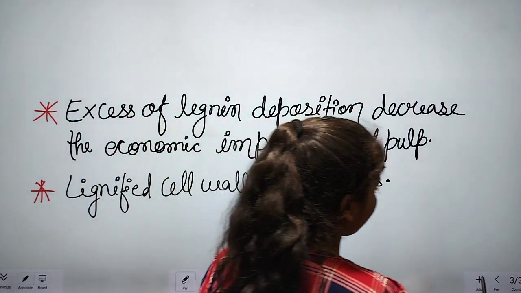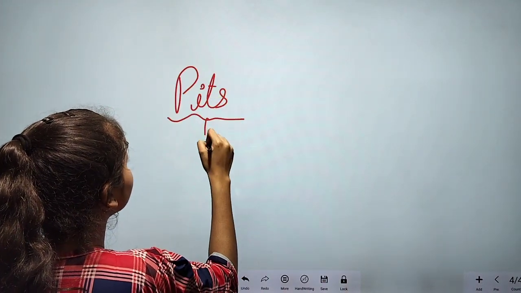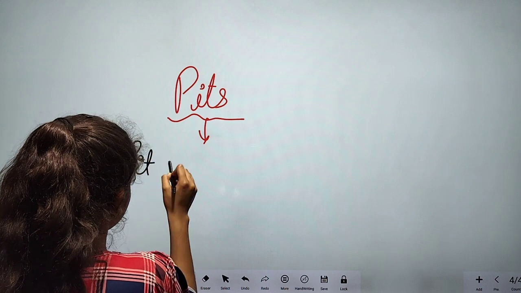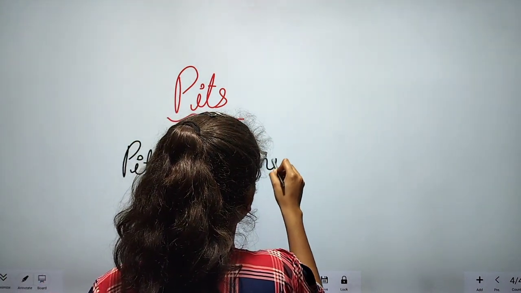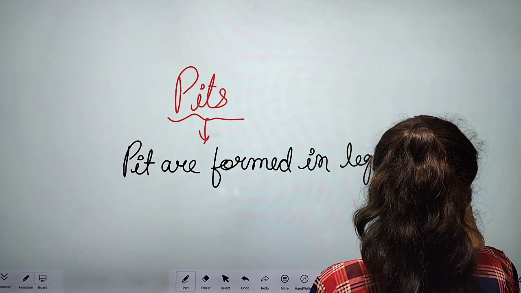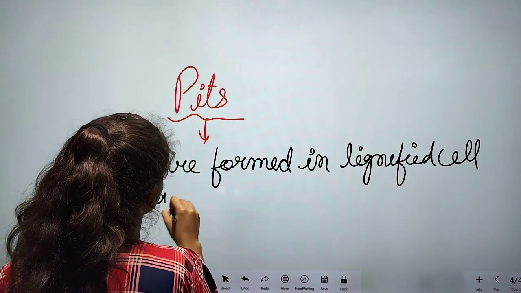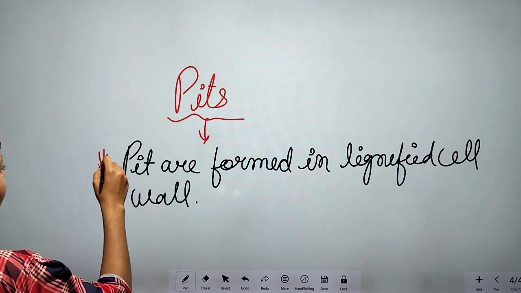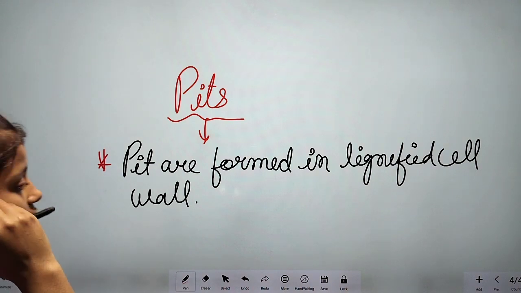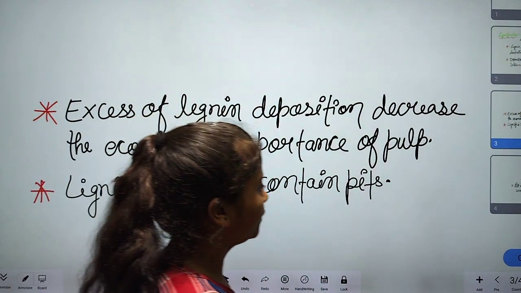Now see what a pit is. Pits are formed only in the lignified cell wall, to improve the economic importance of pulp.